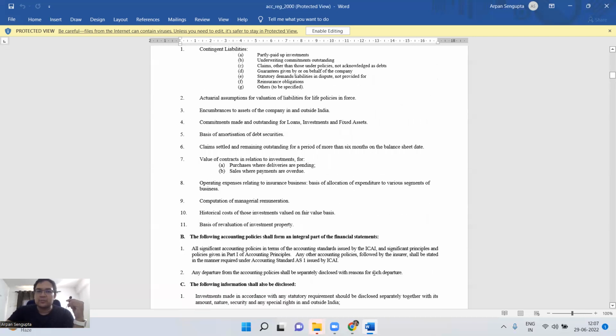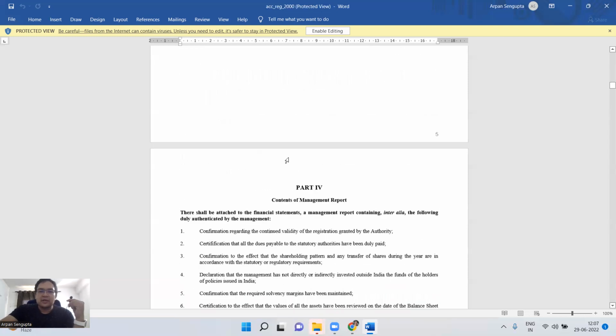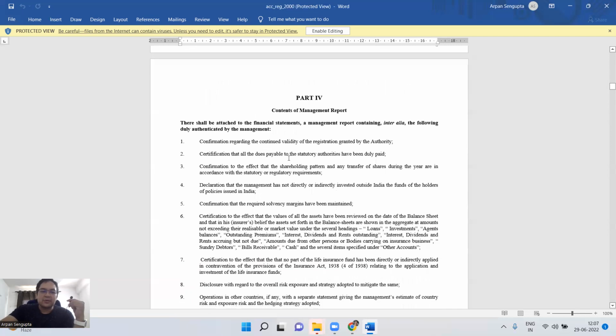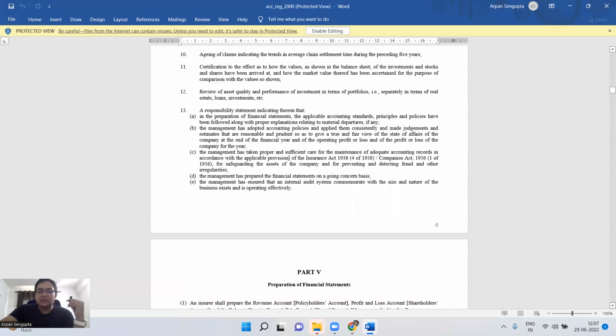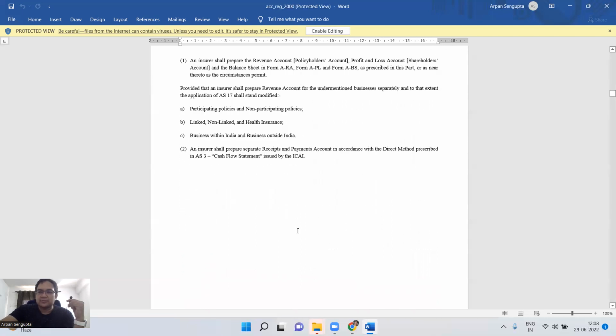It is not that they are not important for understanding, so one can read through this, but these are very simple to understand, and you don't have to memorize them. Mostly they relate to solvency, liability, asset, segmental reporting, etc. One of the things I would like to mention here is the participating policies, non-participating policies, linked, non-linked, health business, business within India, and business outside India.